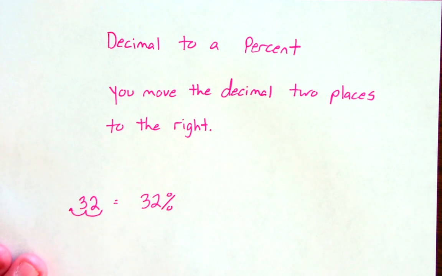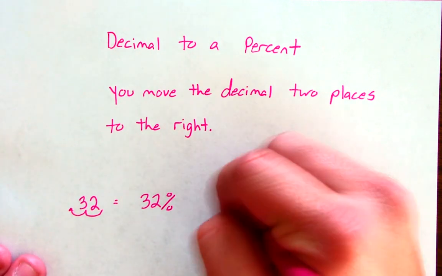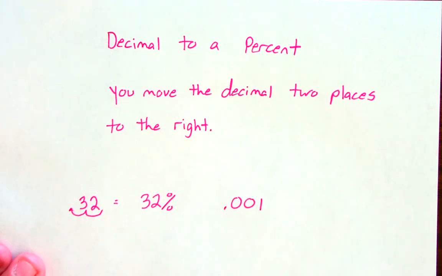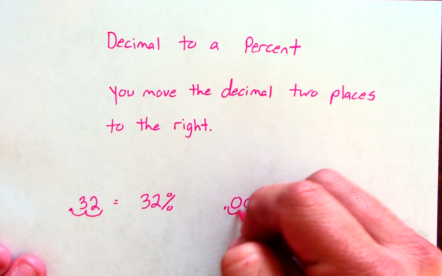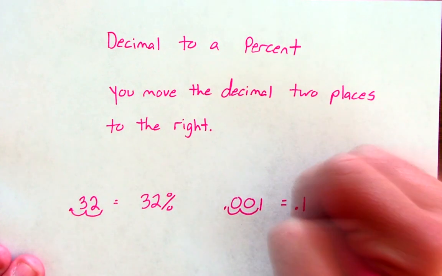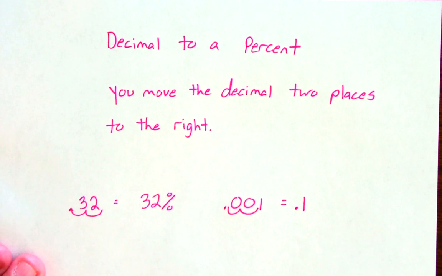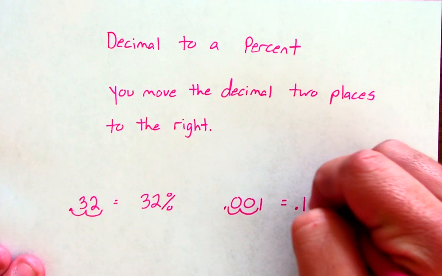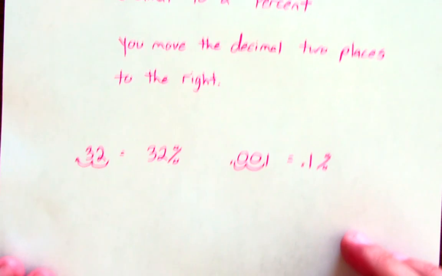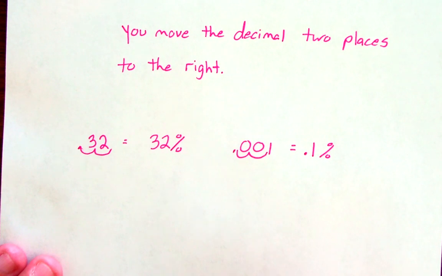That easy. Let's say we have this. Again, take your decimal, move it two places to the right. We now have 0.1. And you put a percent sign behind it. Nice and easy. You're done. Alright, let's do this one.